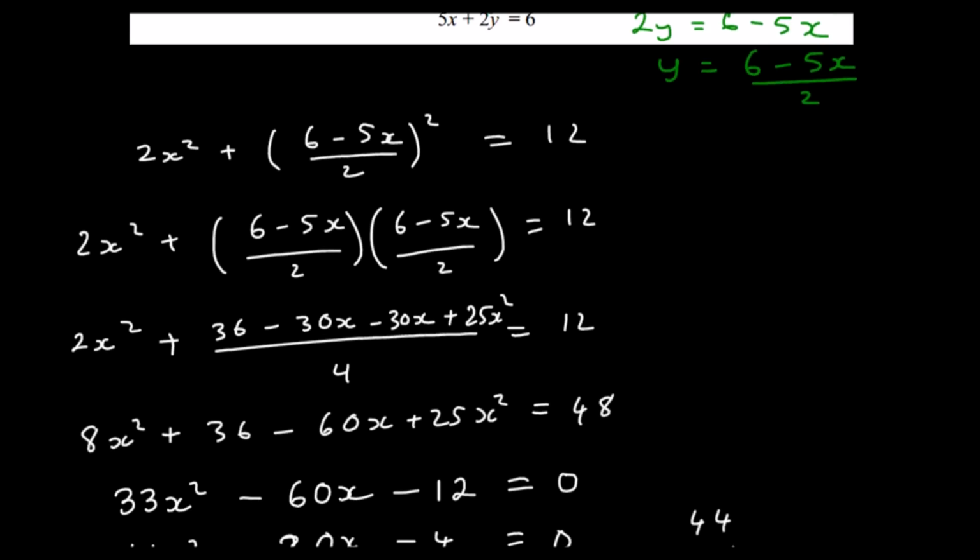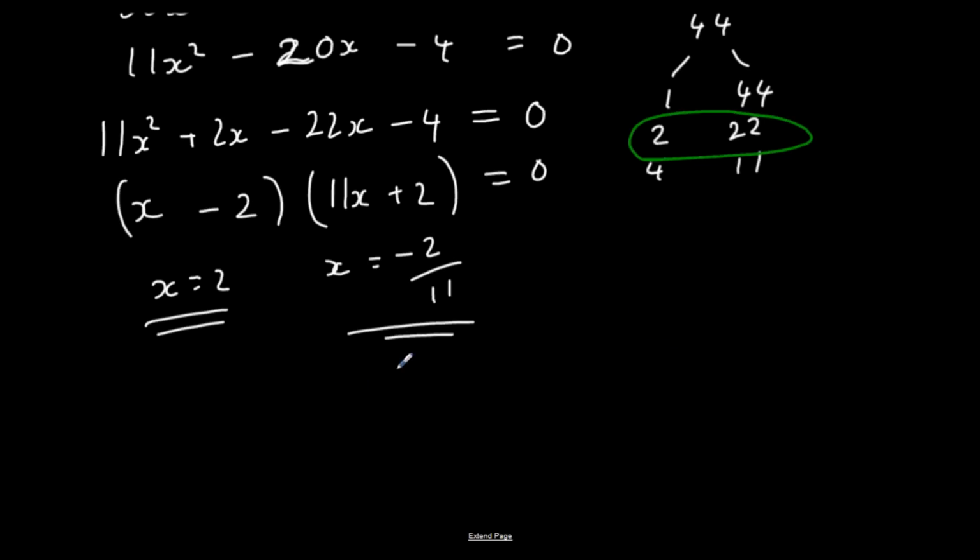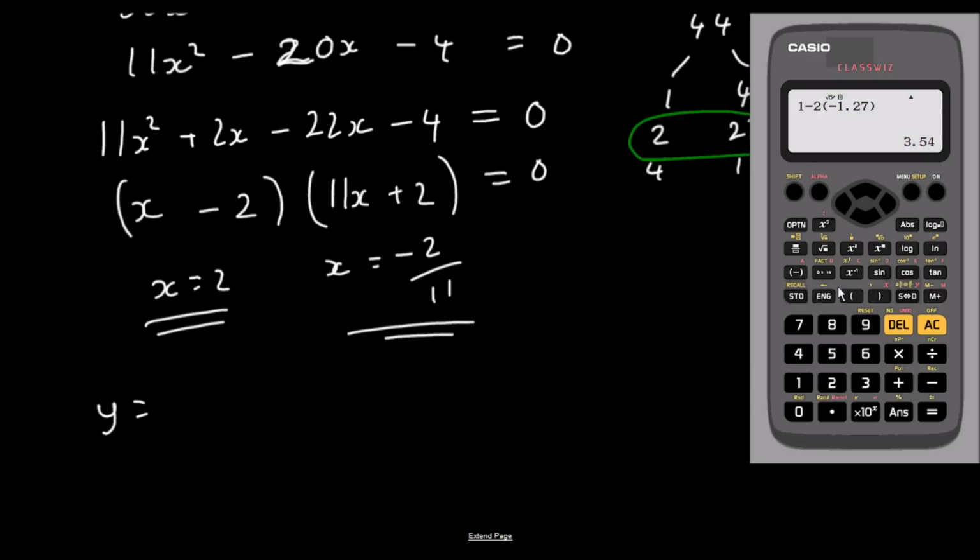y is (6 minus 5x) over 2. So if x is 2, y is negative 2.